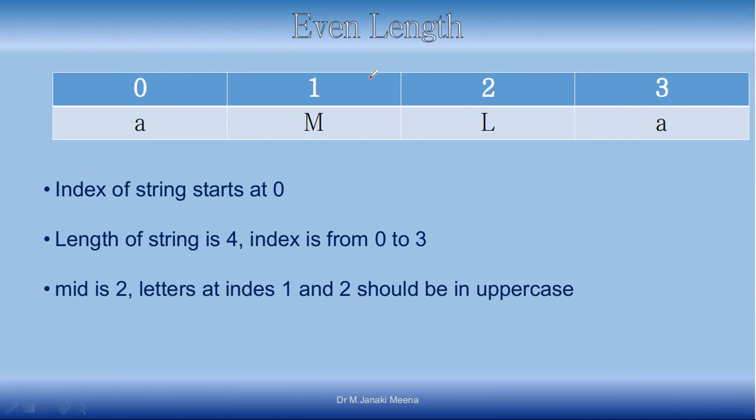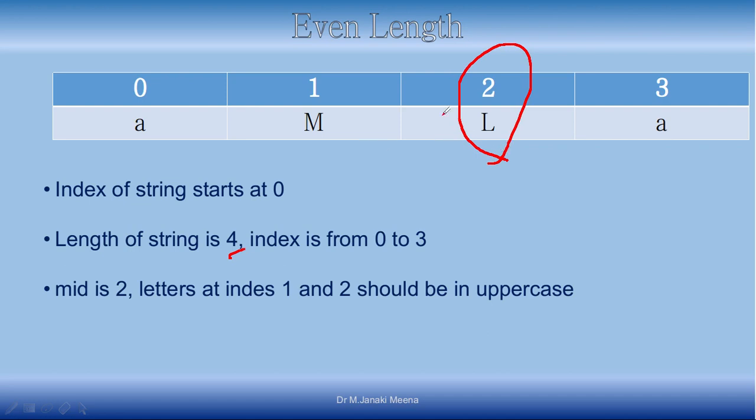Let us try for an even length string. The program will give the length as 4. And when you do integer division of 4 by 2, you will get 2, right? See, actually 2 is this one. At index 2 you have this one. Actually this is mid plus 1 in human interpretation, right?